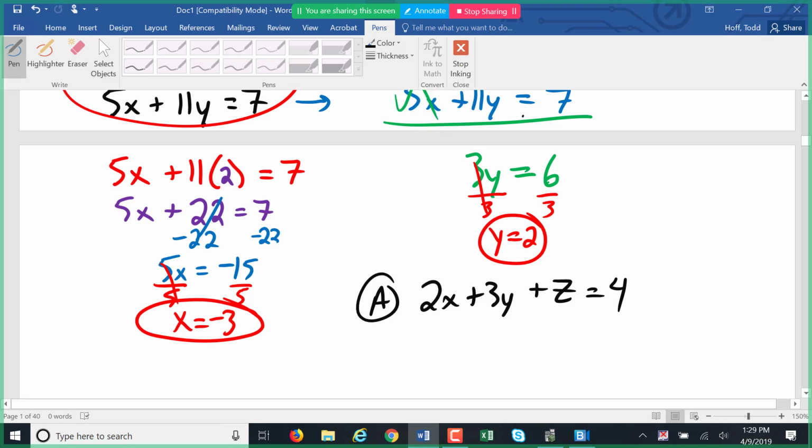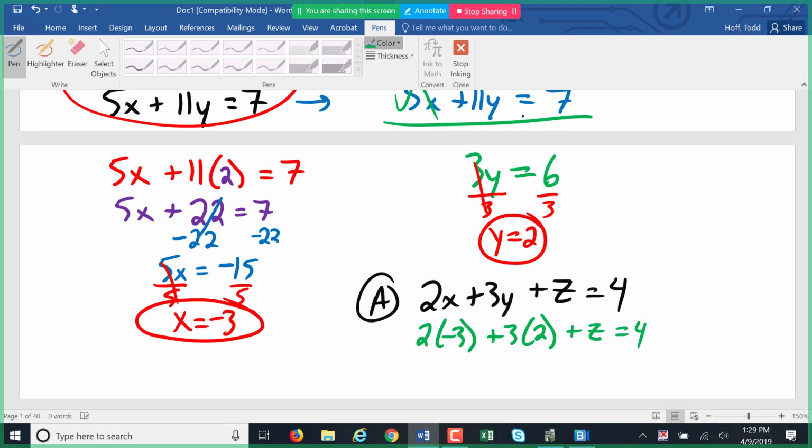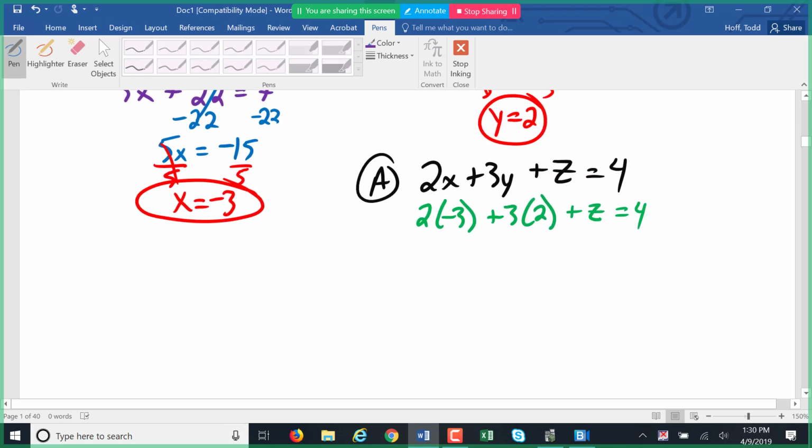So 2x becomes 2 times negative 3 plus 3y becomes 3 times 2 plus z equals 4. Two times negative 3 is negative 6. 3 times 2 is positive 6. Plus z equals 4.